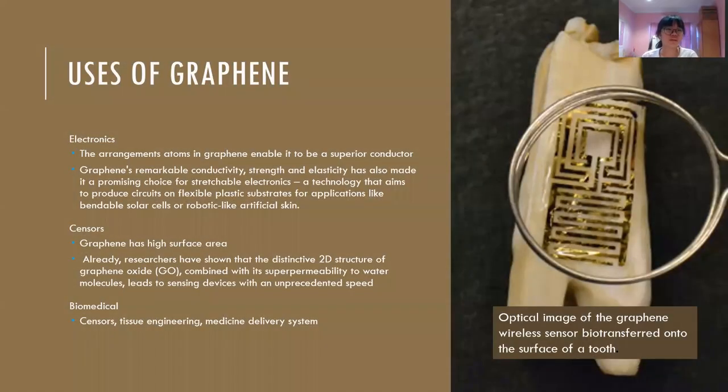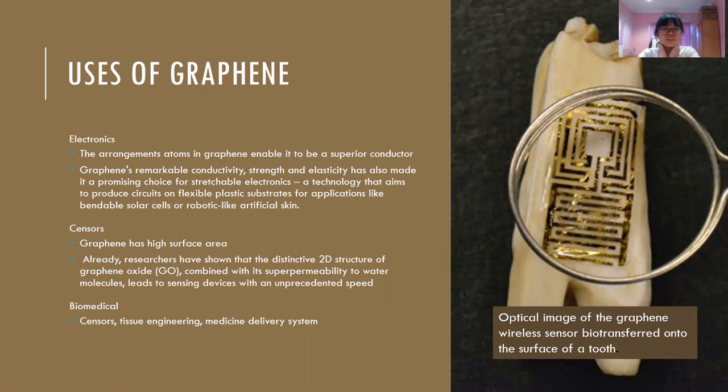Well, actually, graphene can be used in electronics. The arrangement of atoms in graphene enables it to be a superconductor. Graphene's remarkable conductive strength and elasticity has also made it a promising choice for stretchable electronics, a technology that aims to produce currents on flexible plastic substrates for applications like bendable solar cells or robot-like artificial skin sensors.